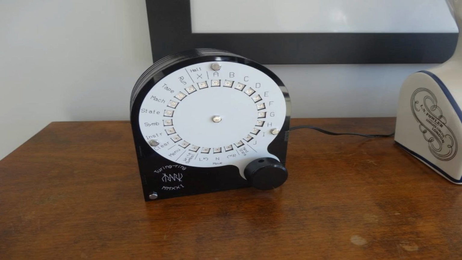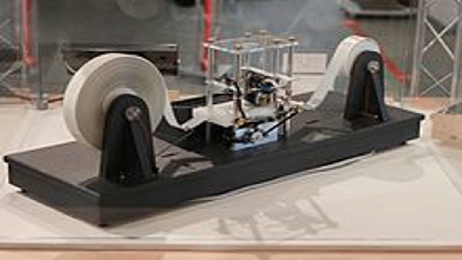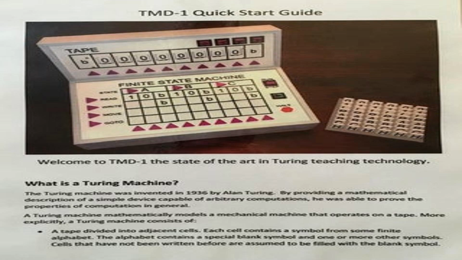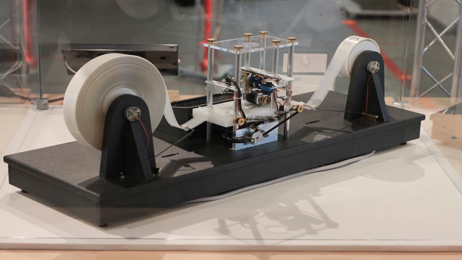In this segment, we will delve into a deeper understanding of the tape, head, and state register in a Turing machine. The tape of a Turing machine is like a long strip of paper, divided into individual cells. Each cell can hold a symbol, which can be read and written by the head. The head is a device that moves along the tape, reading the symbols and executing actions based on the current state.